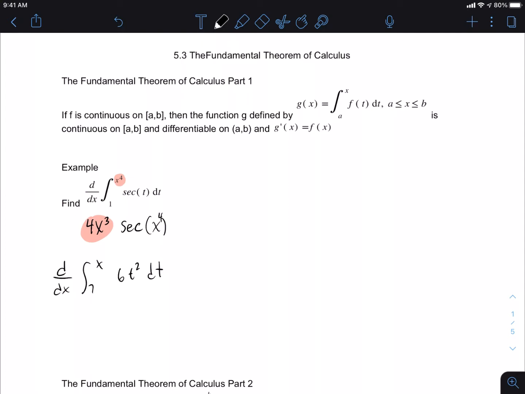The derivative of x? No, the integral of t squared. 2x? I'm not sure. No, that's the derivative.